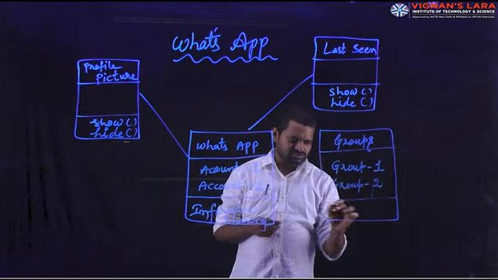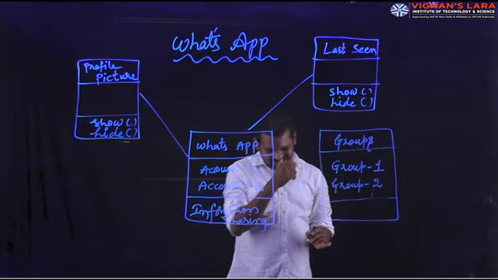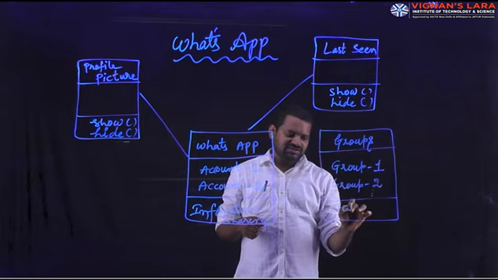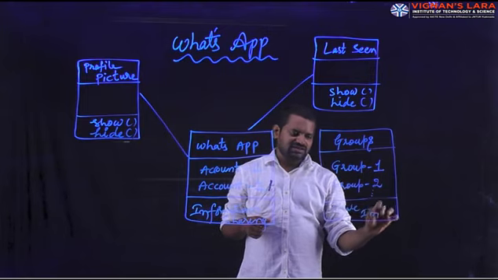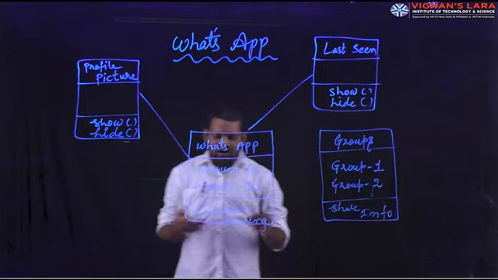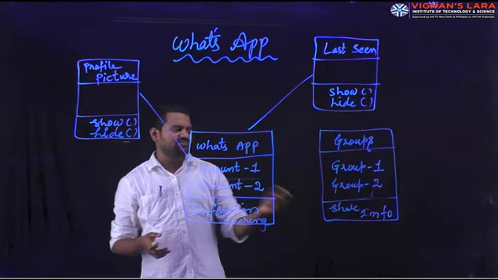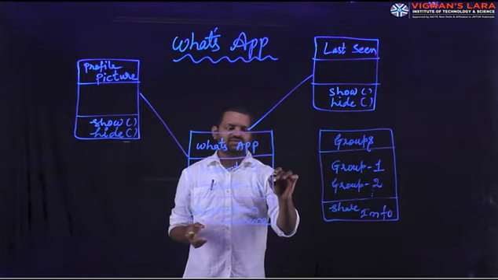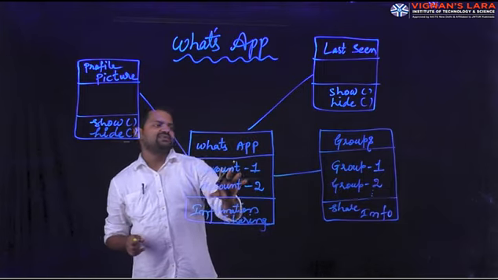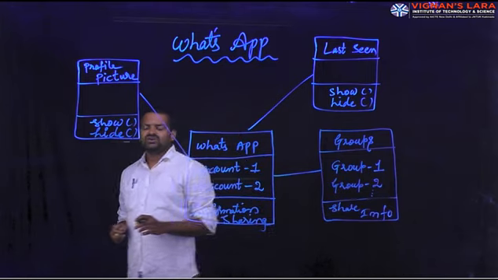Why do we use these groups? These groups will be used to share information, or to communicate. So this is the relation between the WhatsApp class and the groups class.